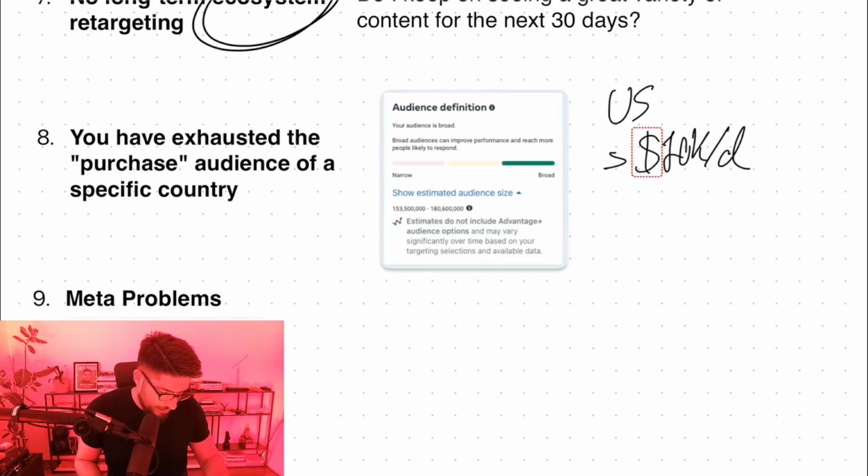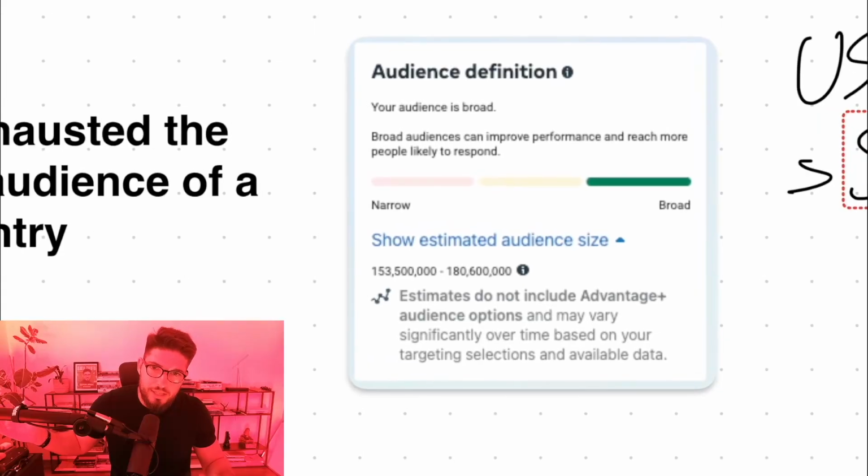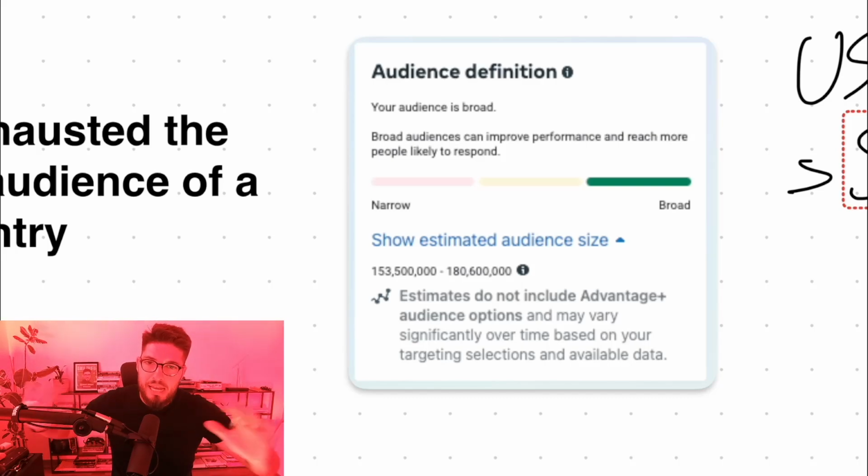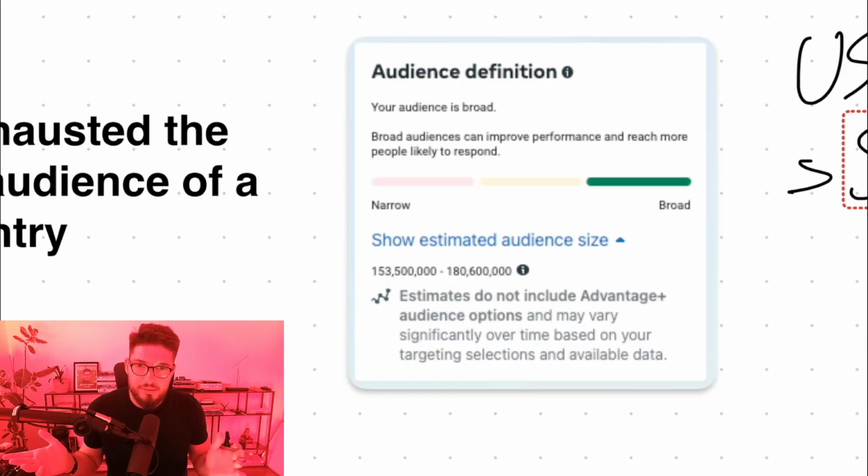So if you go to your ad sets, usually they will say: oh, this is very broad. You have 153 to 180 million people that could be your audience for this ad. Not true.